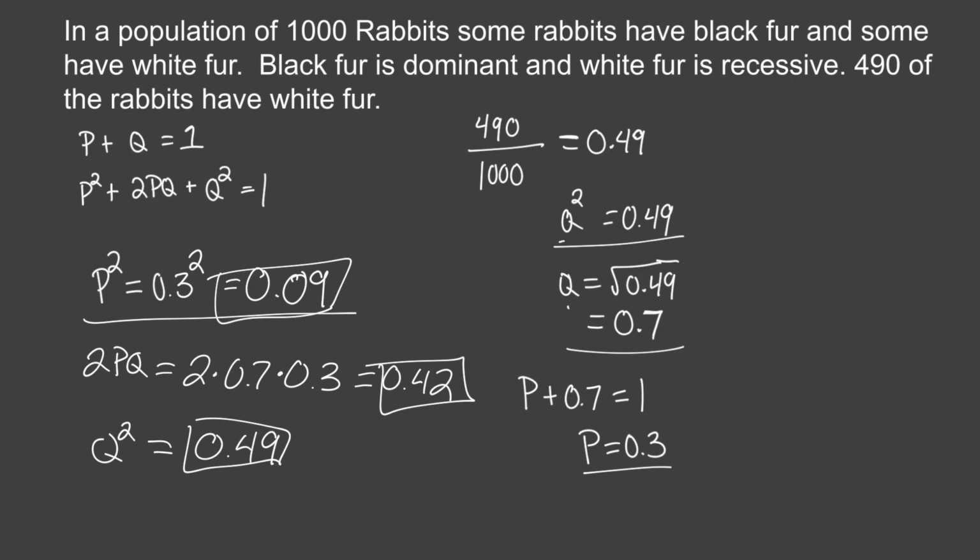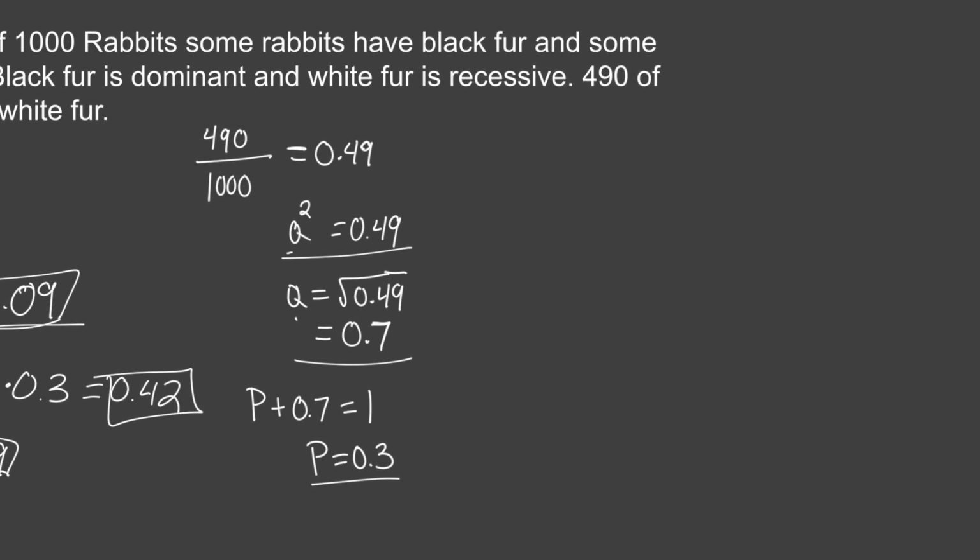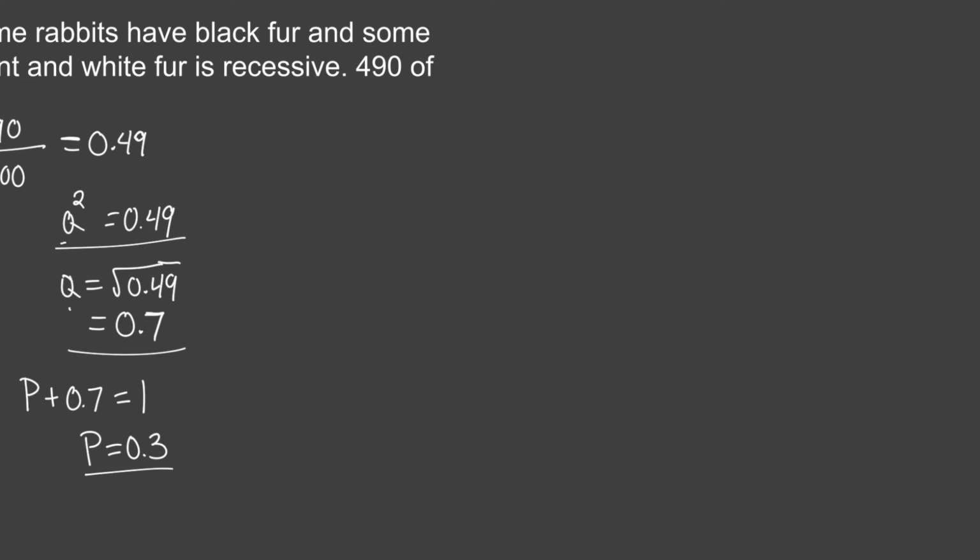So now that we've solved for everything, let's write it out neatly so we can keep track of what everything is. So P, which is our total number of dominant alleles, we had a value of 0.3, which equals 30%.